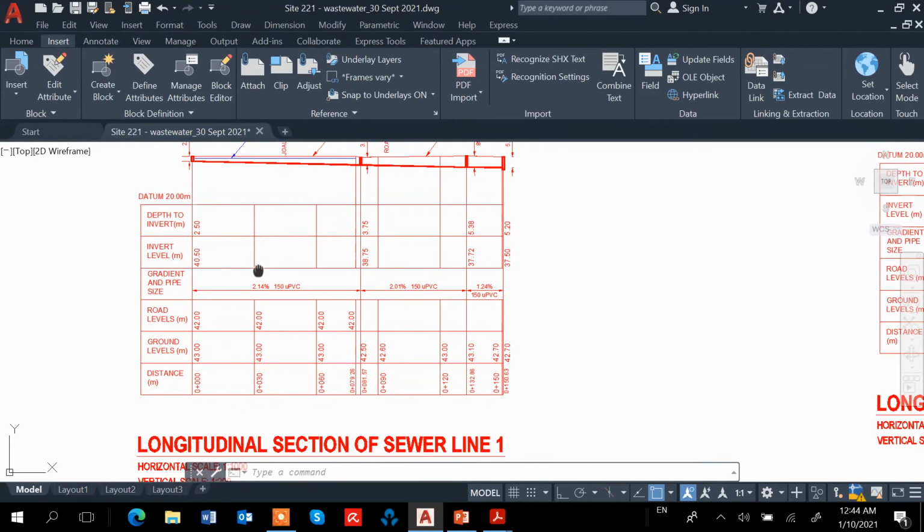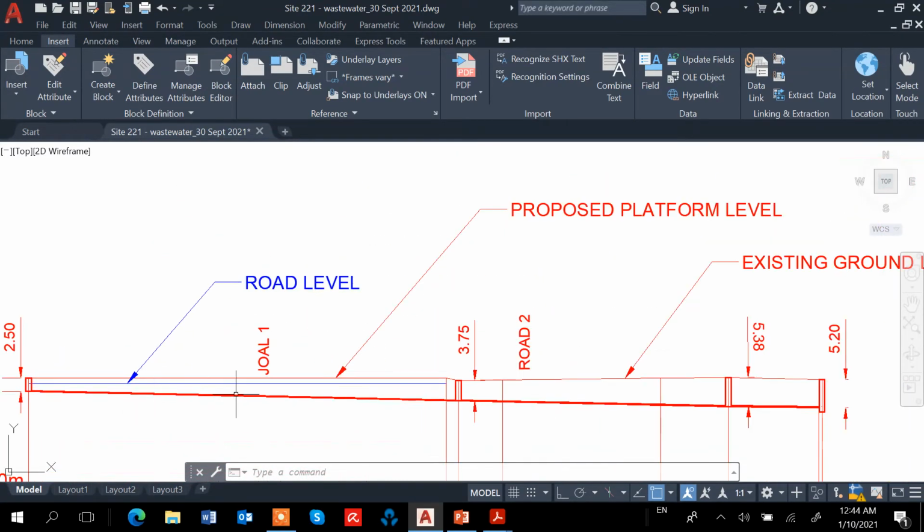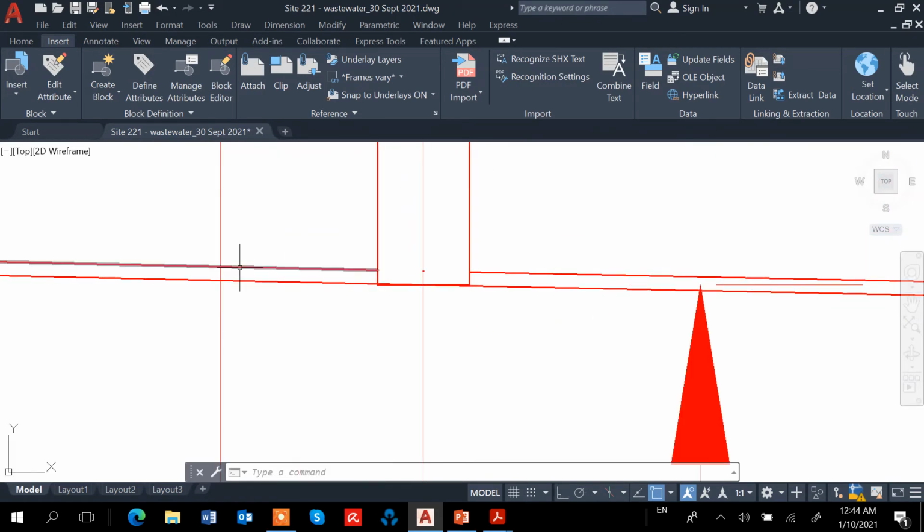The invert level you just take as the bottom of the drain; the bottom of the manhole is the same as the bottom of the pipes.